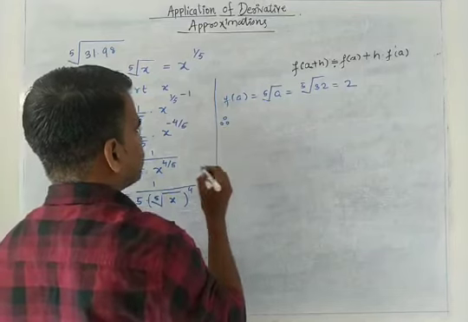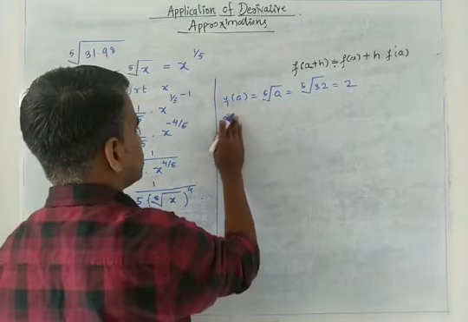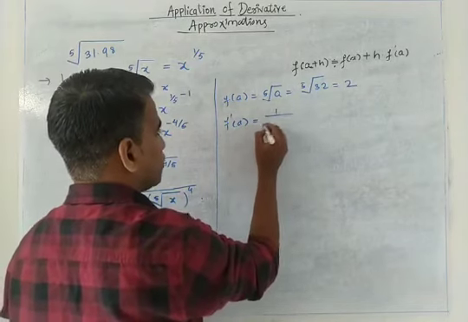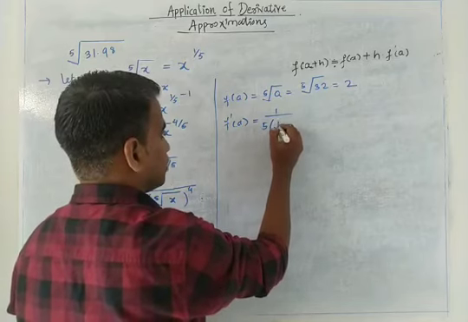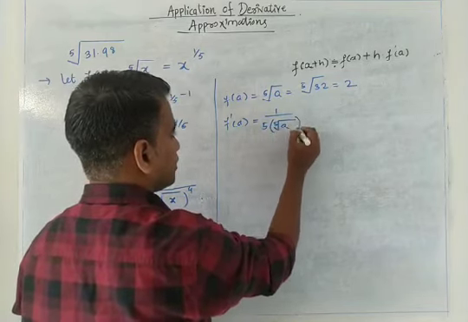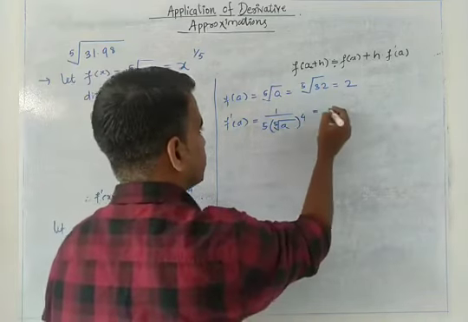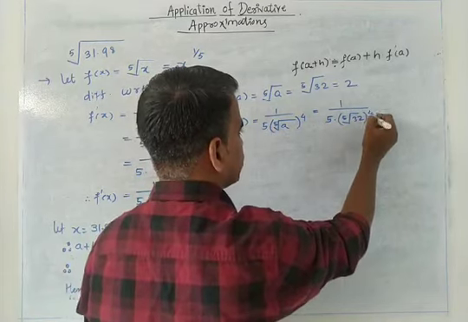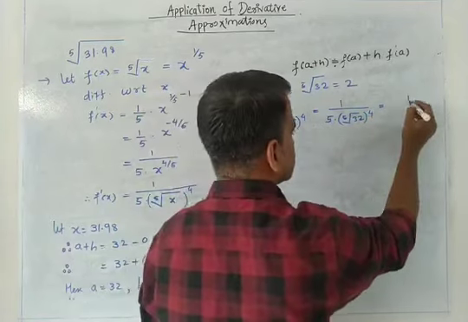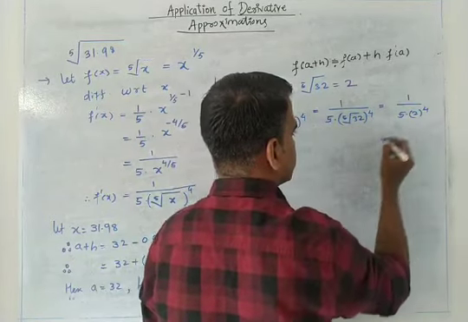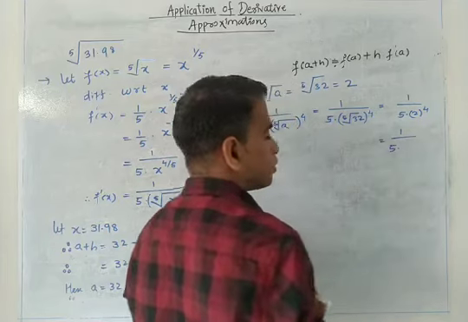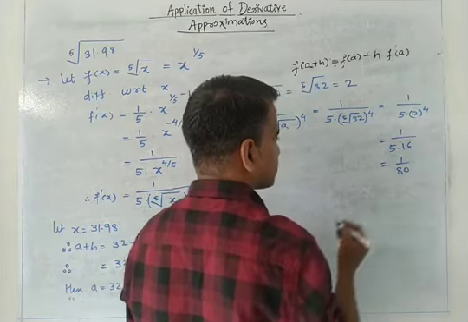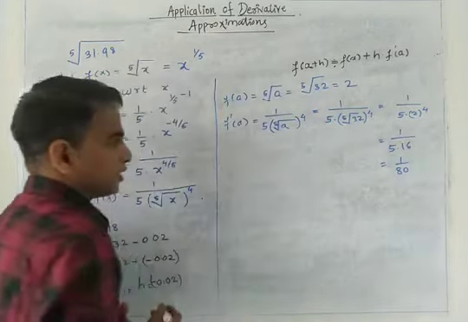Similar way, we are going to find f dash of a, which is equal to 1 upon 5 into fifth root of a raised to 4, equal to 1 upon 5 into fifth root of 32 bracket raised to 4, and fifth root of 32 is 2, so 1 upon 5 into 2 raised to 4. What is 2 raised to 4? 16, and 16 into 5 is 80. This is the value of f dash of a.